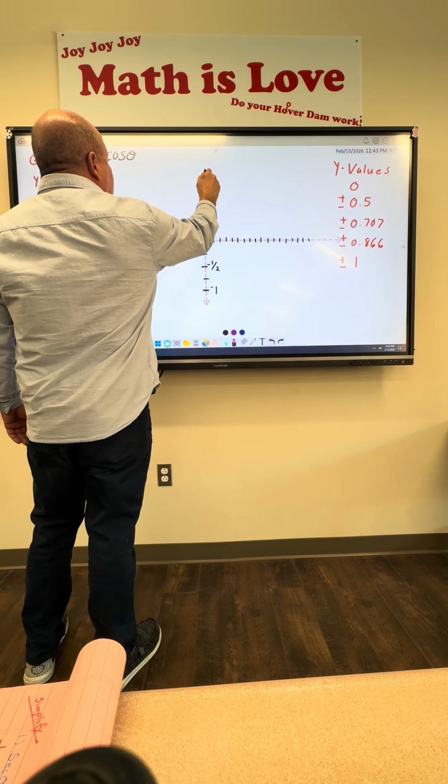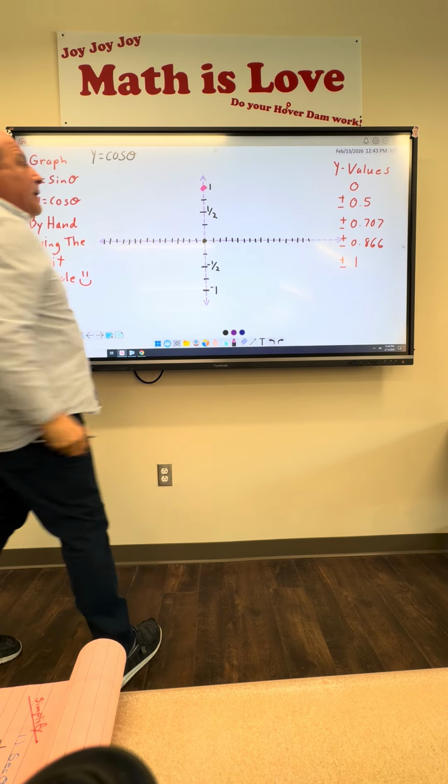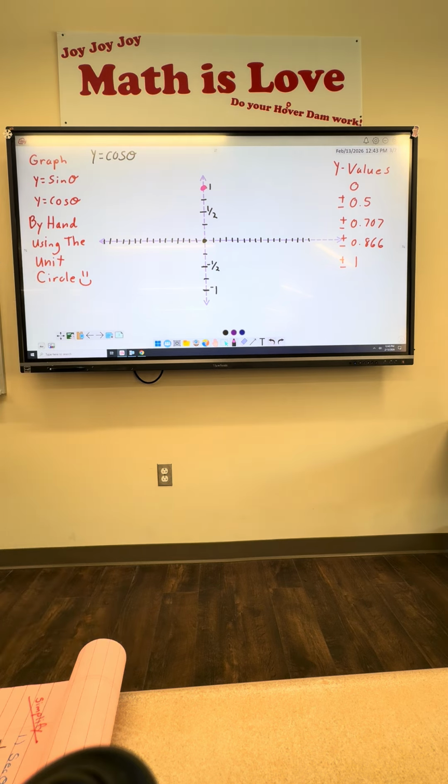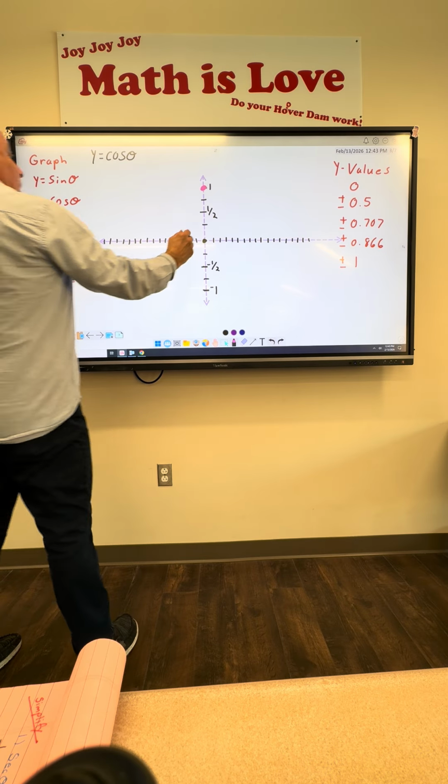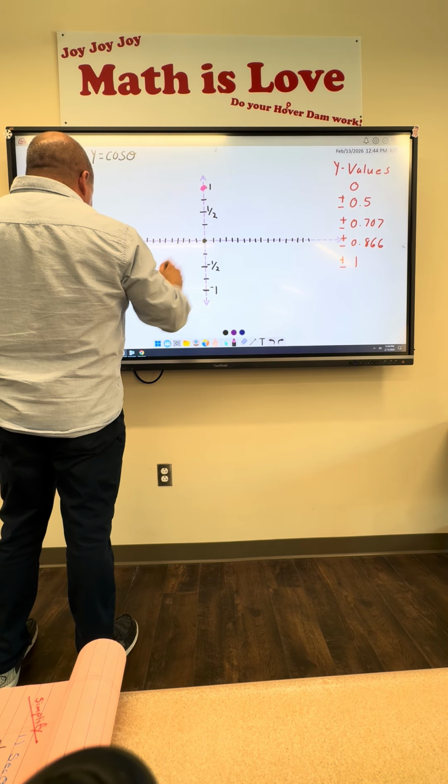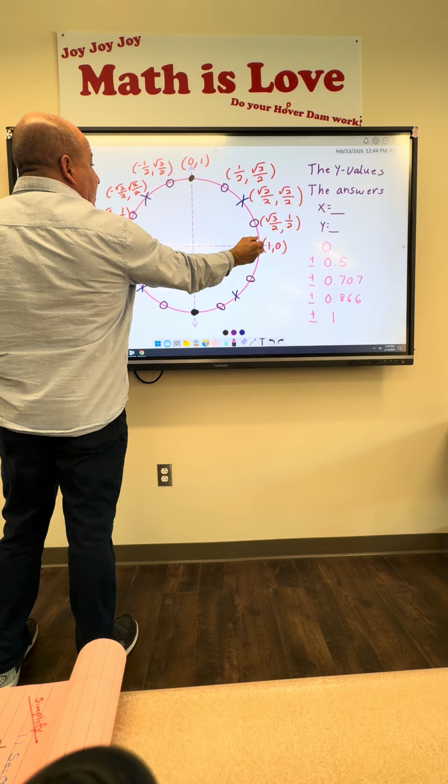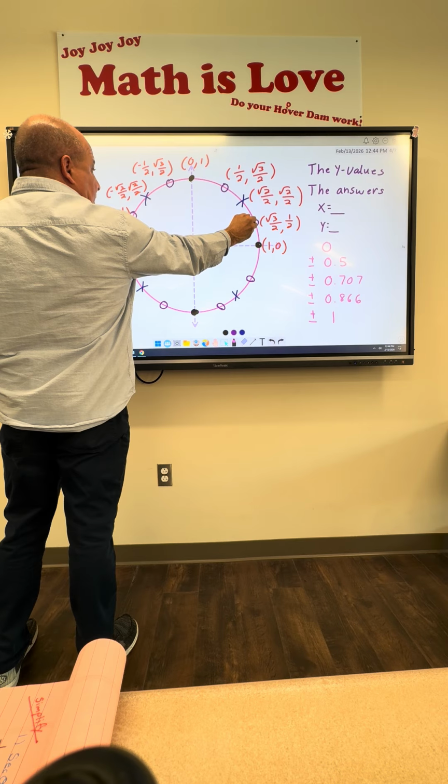When I'm here, cosine is 1. Make a nice big dot right there. So when you're at 0 radians or 0 degrees, the answer for cosine at that spot is 1. This next notch would be 30 degrees on the unit circle.